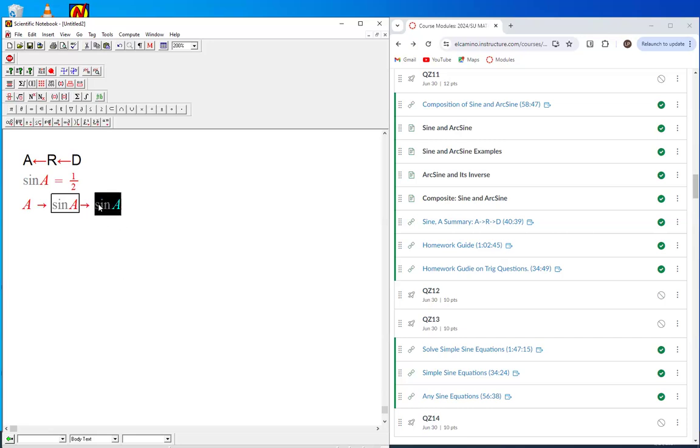This is a given. This part is known, and this part is to be found. That's a typical question of D to A. We know the D to find A. So how do we do that? These 3 lessons are about that.